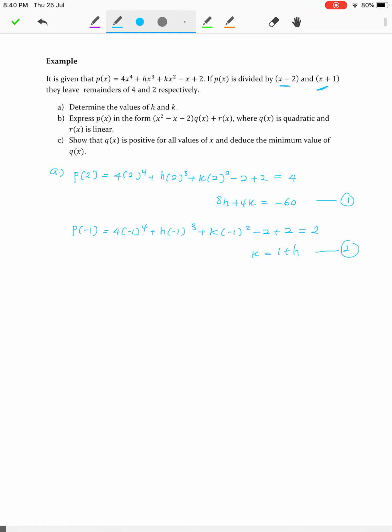Let me just completely do it. 8h + 4(1 + h) = -60... h eventually will be equal to -16/3, and k is equal to -13/3. So that is what you get by using the information given from the question.